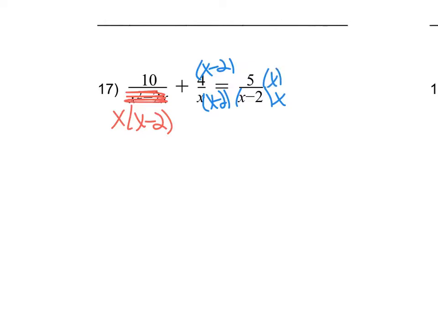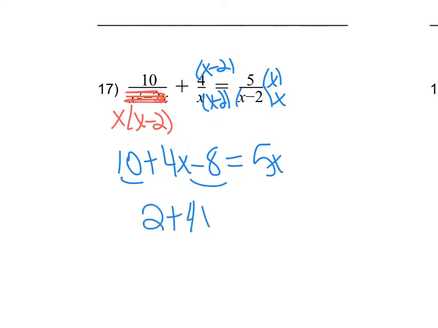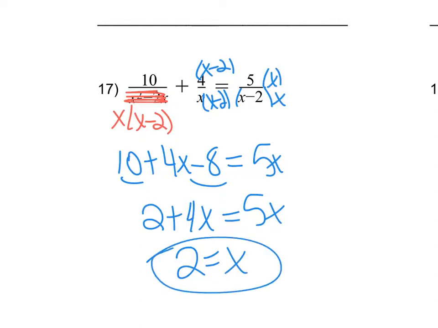And what I end up with is 10 plus 4x minus 8 equals 5x. And then we're just back to some basic algebra. Let's combine our like terms. 2 plus 4x equals 5x. If we subtract 4x from both sides, we get 2 equals x, or x equals 2.